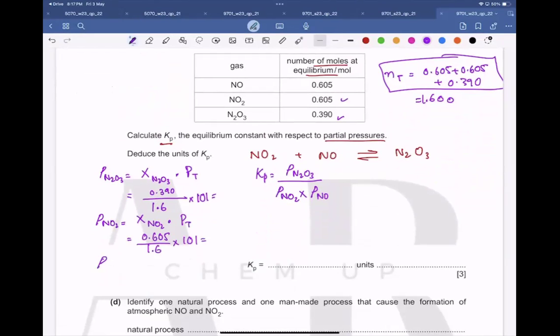In the same way, the partial pressure of NO is equal to the mole fraction of NO times total pressure, so the mole fraction of NO is also 0.605 over 1.6 times 101. Is this working understandable to all of you? Can anyone calculate the values and tell me the answer?